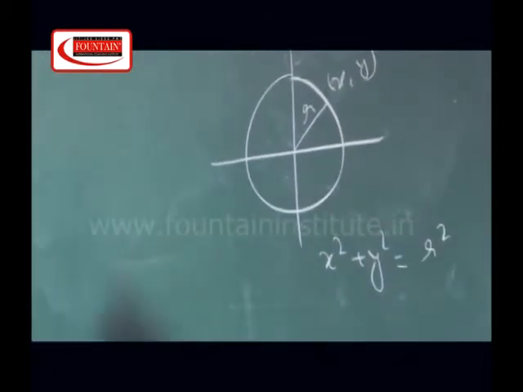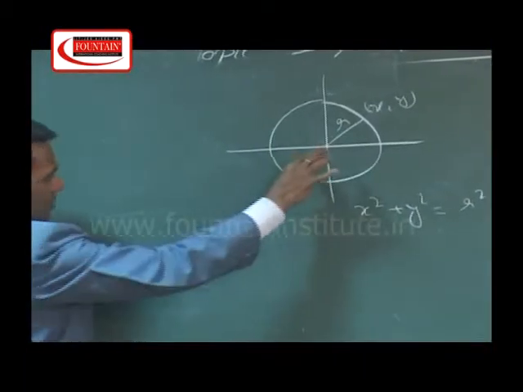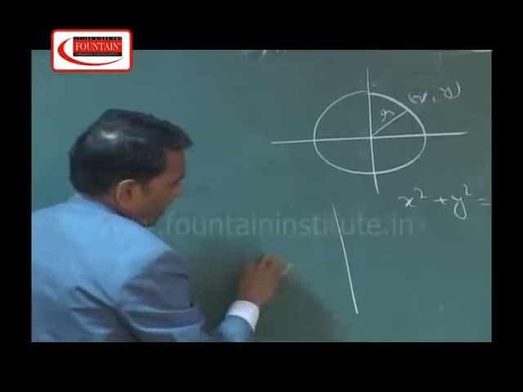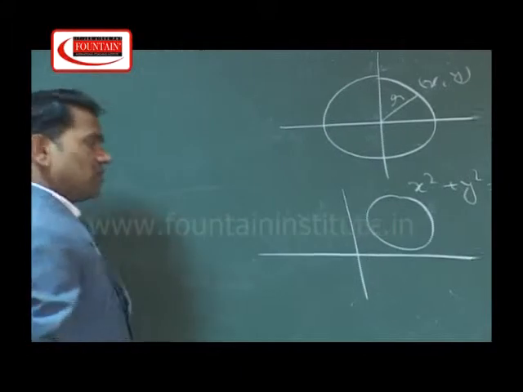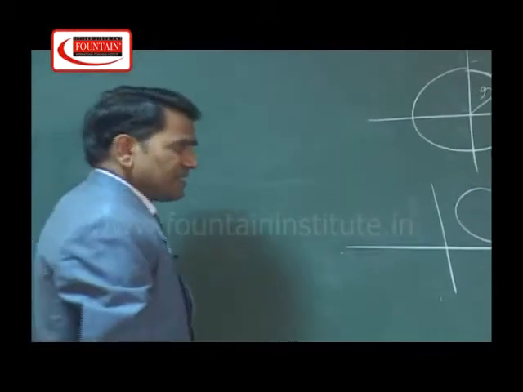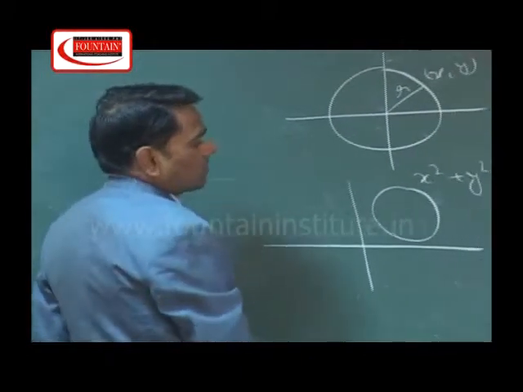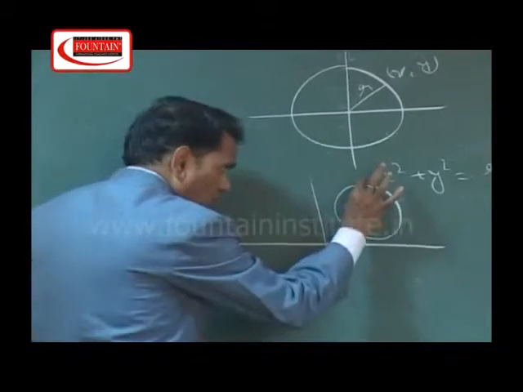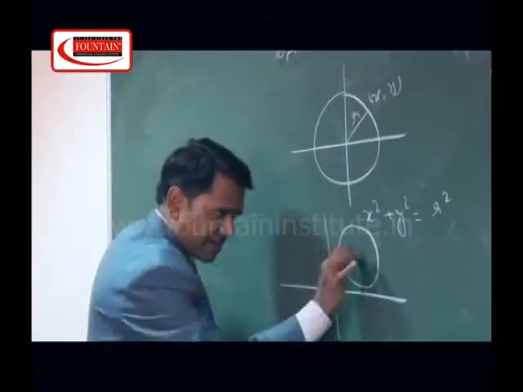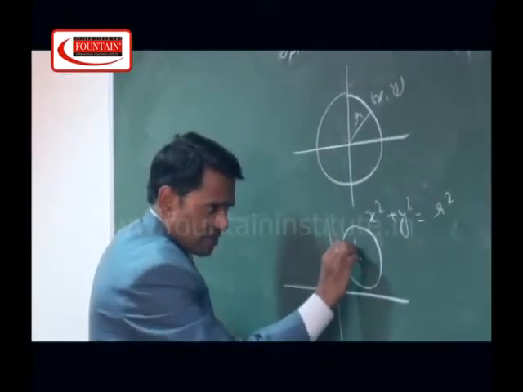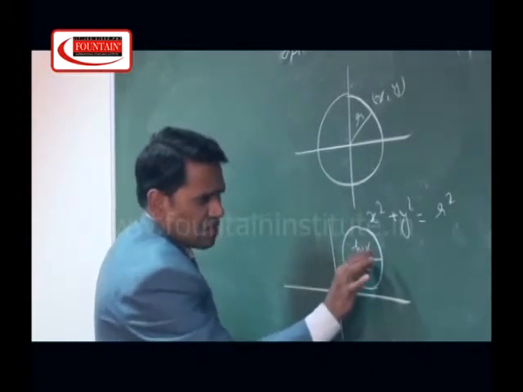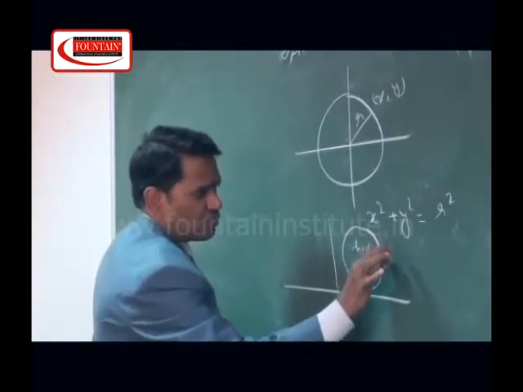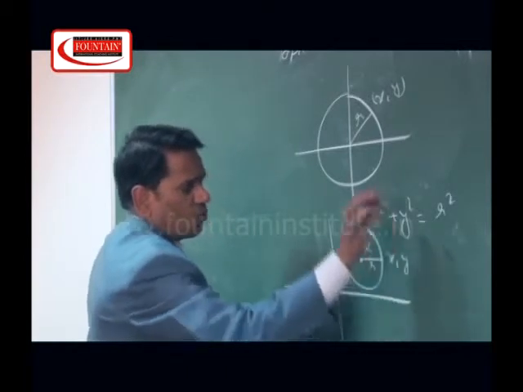Now you might ask, sir, if the center of the circle doesn't lie on the origin, it lies somewhere else, then in that case what will be the equation of the circle? So for this I have assumed that the center is h comma k, whose radius is r, and the circle passes through x comma y.